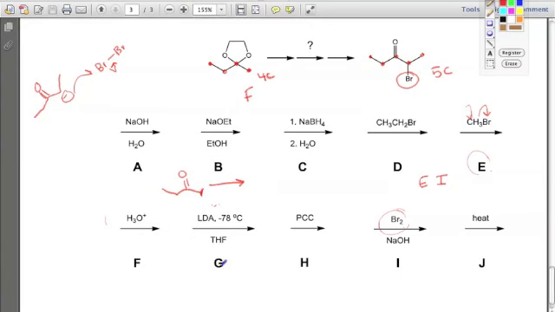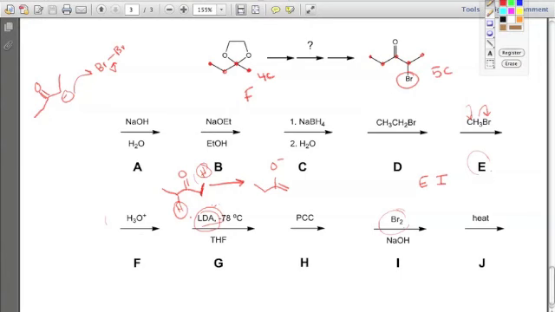The thing is, I want to make the least stable enolate. I want to remove a hydrogen from this position here rather than this position. If I use NaOH, it's going to go for the most substituted because it's small enough to be able to form that most stable enolate. On the other hand, if I use LDA, it's going to be really selective, and it's going to go for the least substituted. So it will go for the hydrogen that I want.